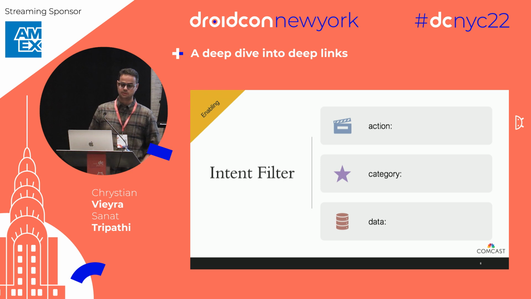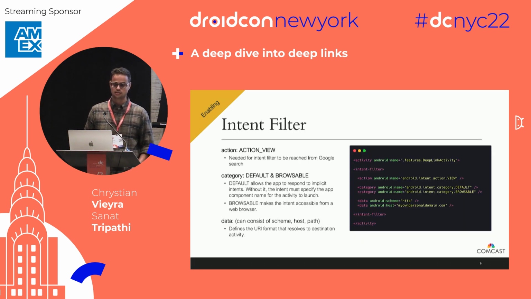Action means what type of action my component can handle, the category item says what kind of component I am, and then the data specifies the exact URI that my component can handle. So the intent filter is very fundamental to subscribing for a deep link that you want to handle.